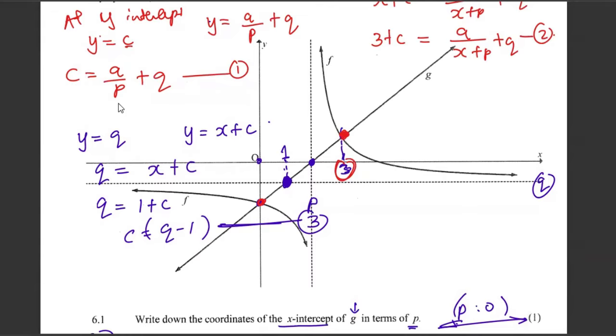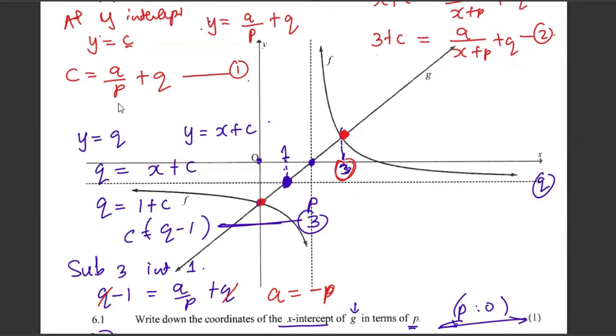Let's do this side and say if we substitute equation 3 into equation number 1, that's going to be q minus 1 is equal to a over p plus q. So you can see that both q's are positive, so this q is going to cancel that q. When I try to cross multiply, I'll end up with a being a negative p.